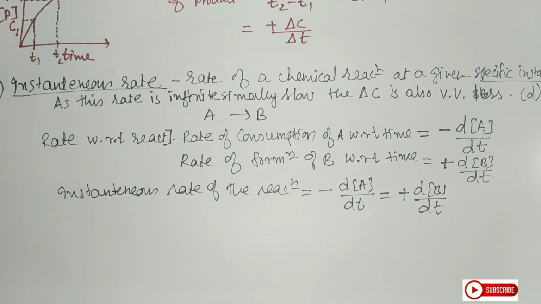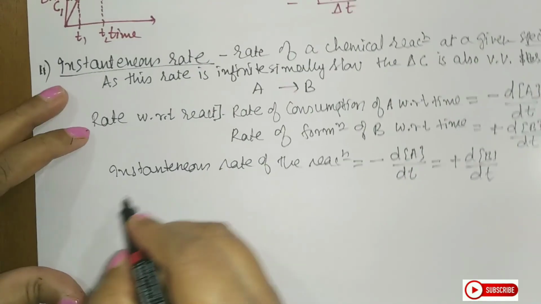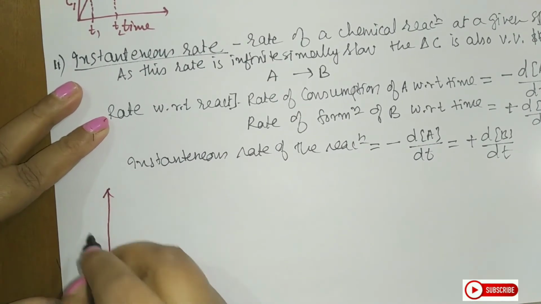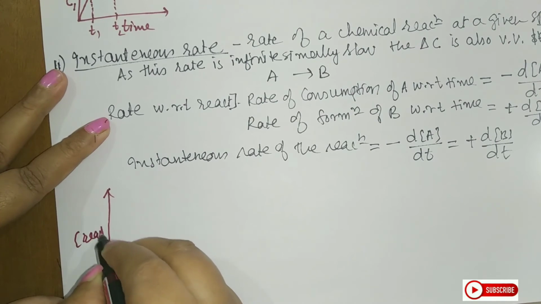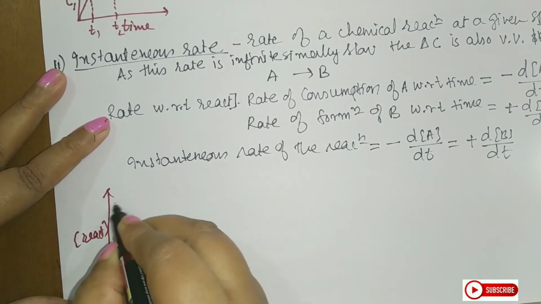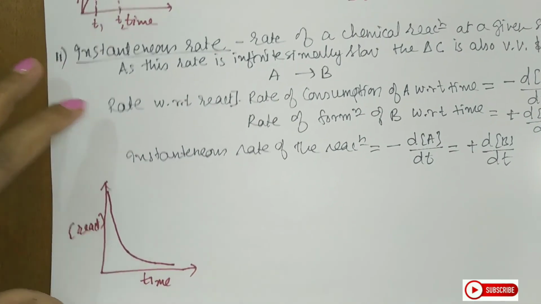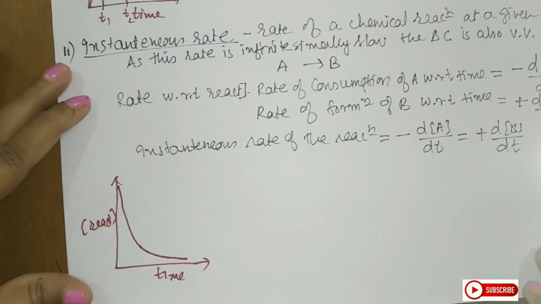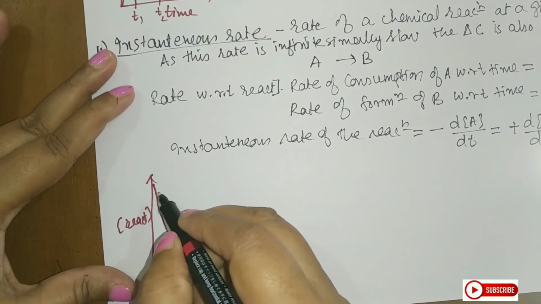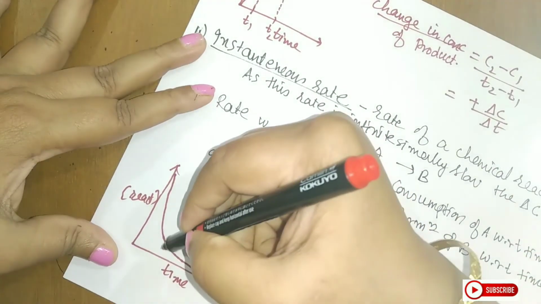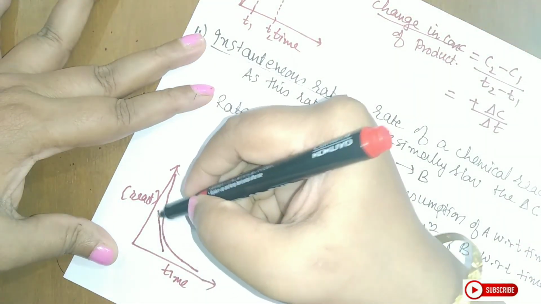Now what will be the graph for this? Let us see the graph. As I said, it is infinitesimally slow. This is your concentration of the reactant with respect to time. The graph will be the same, but the observations will be made at an instant or a very small time interval, and therefore it is very difficult to plot the graph here, so we simply draw a tangent in this way to get the slope.